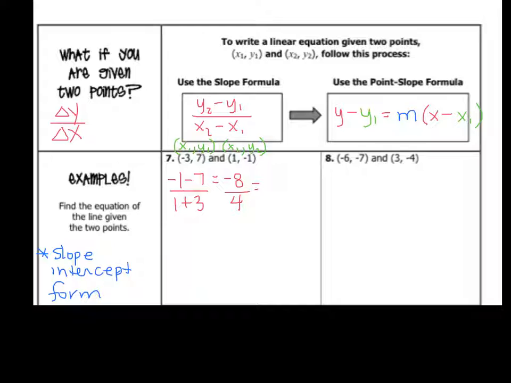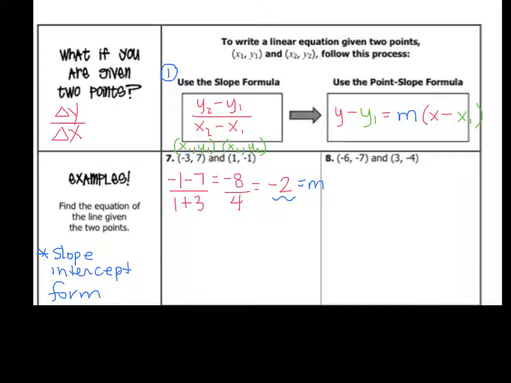Then negative 8 over 4 is negative 2. I've now found m. Remember, you've got to use m in your point slope form. So I've done the first step, using the slope formula: to get from 7 to negative 1 was negative 8, to get from negative 3 to positive 1 was positive 4, and negative 8 divided by 4 is negative 2.